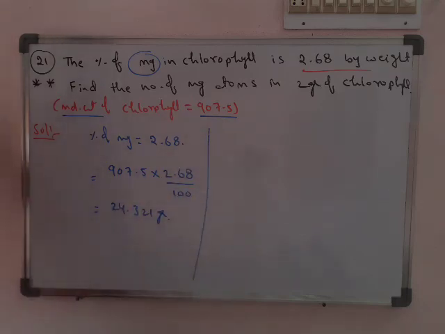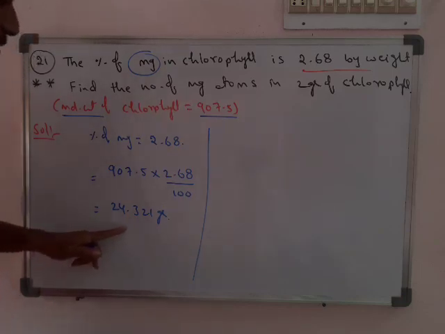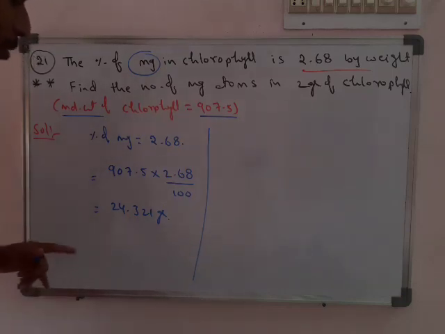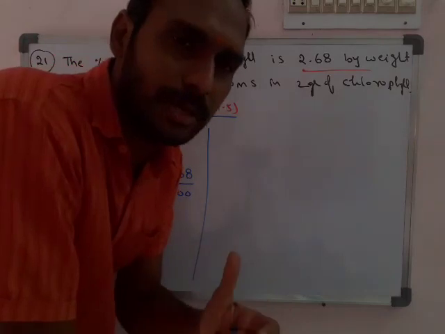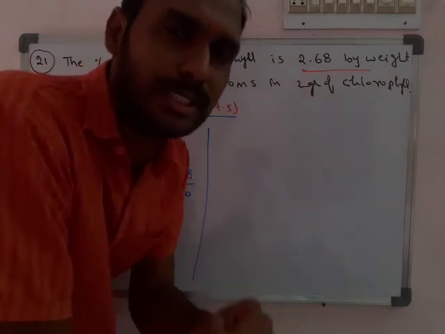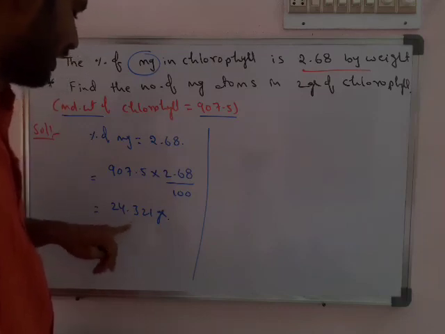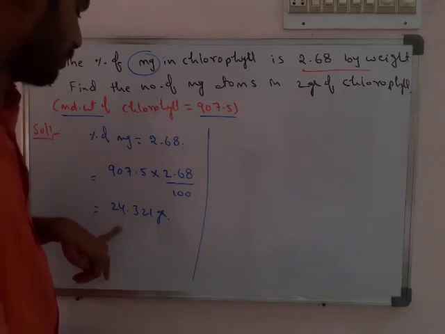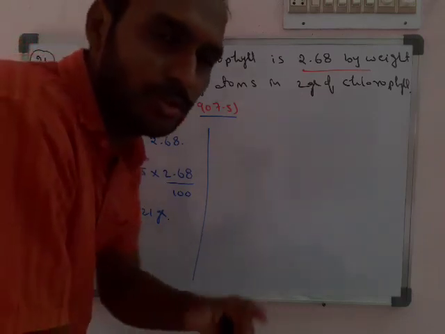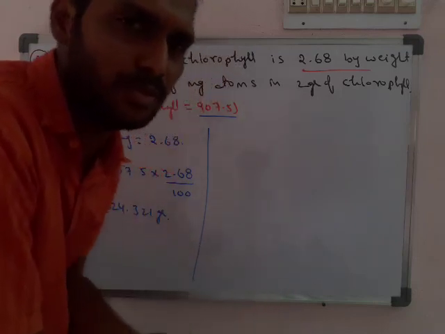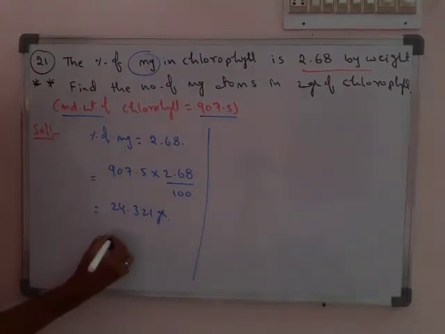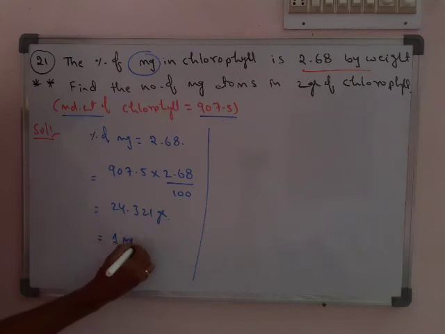And here 1 mole is 24.321 gram. So 2.68 percent, how many grams does that come to? 24.321. Neglecting the 0.321, approximately 24 grams. So 24 grams means how many magnesium? So 1 magnesium. So that is equal to 1 magnesium.